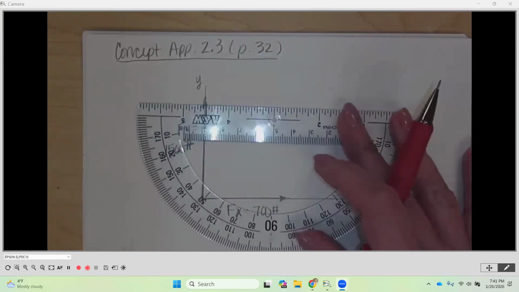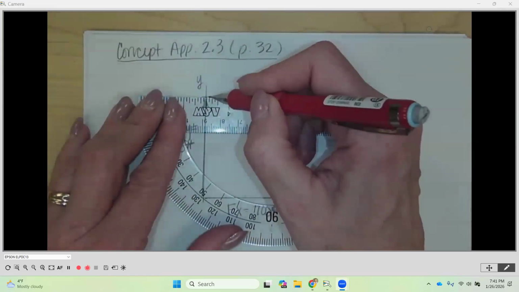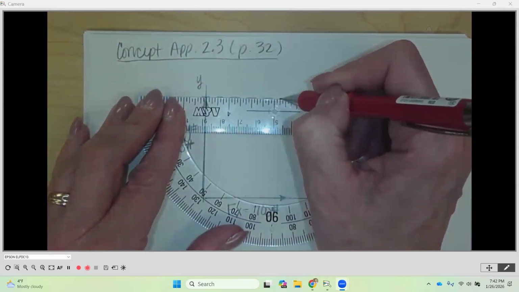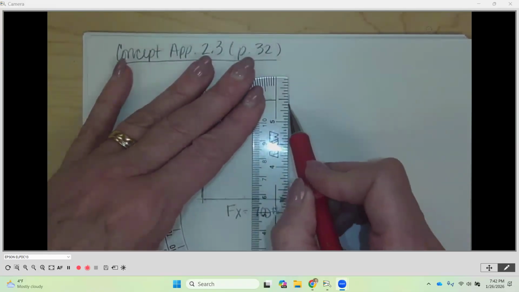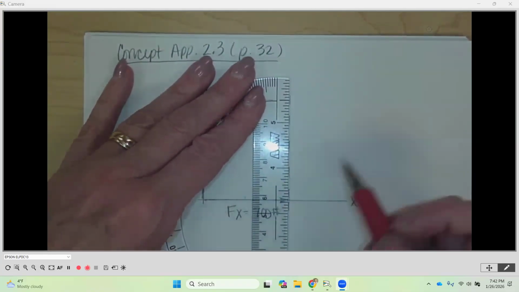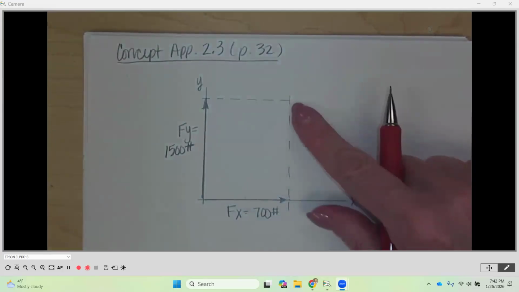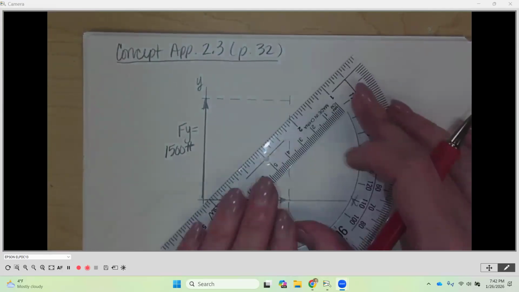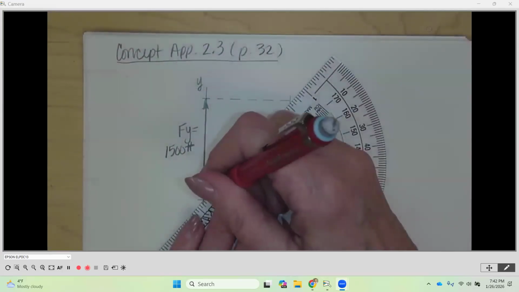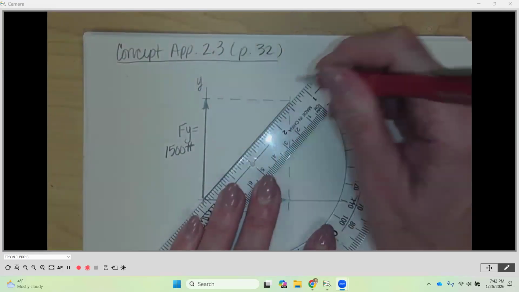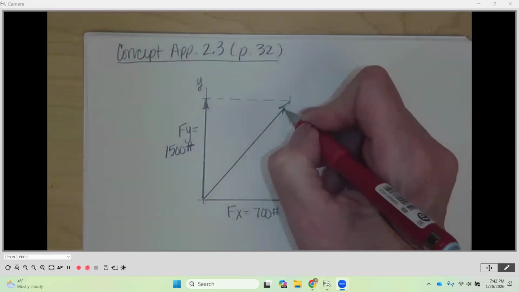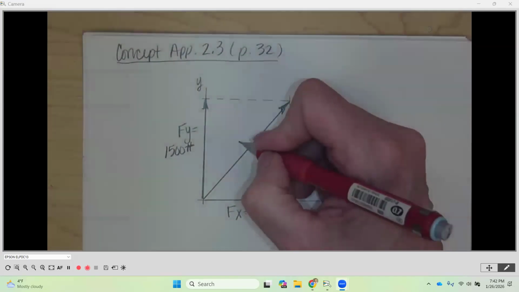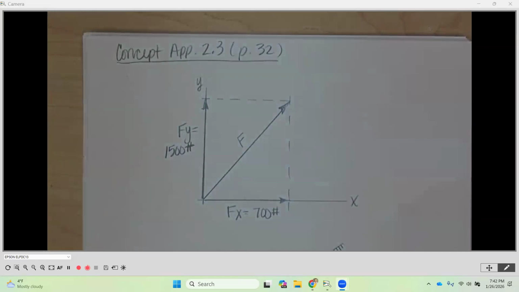So we're going to draw a horizontal line through the endpoint of our Y and a vertical line through the endpoint of our X. And the intersection created there is where our force is going to start at its tail, and its tip is going to point to that intersection, and we'll call this F.